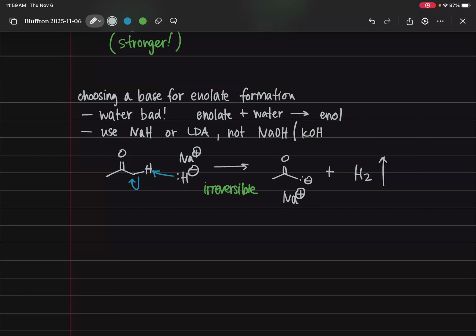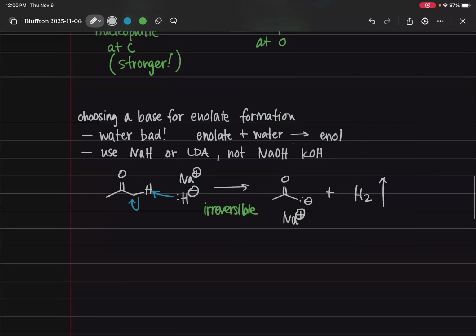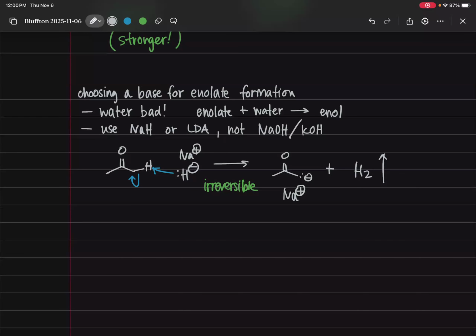But the fact that we generate hydrogen gas is the driving force for this reaction. Okay, so that's sodium hydride.